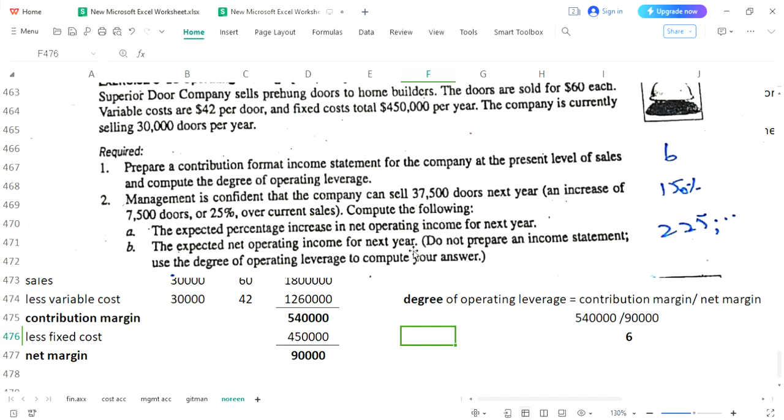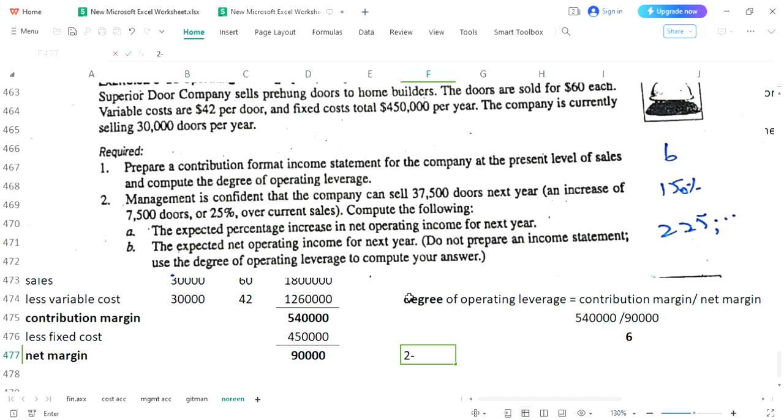Okay, now how would you calculate it? Right now we have an increase of 25% in sales. So what percentage increase in net operating income would there be? For that purpose we are not making an income statement. We will be using the degree of operating leverage.